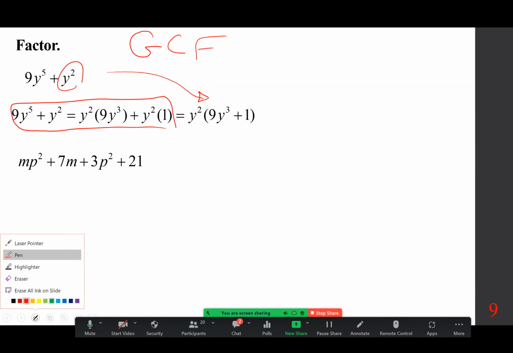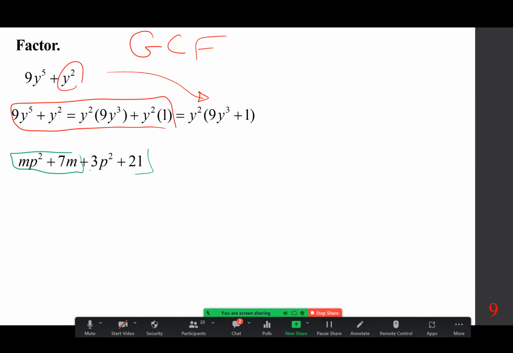For example, we group these two and we group these two. We want to find a common factor. It may or may not work. If it doesn't, then we go with the first and the third, then the first and fourth, until it works. If it doesn't, there is nothing in common. As always, the very first step is taking the GCF out. So if we put the first two together, is there anything in common for the first two?